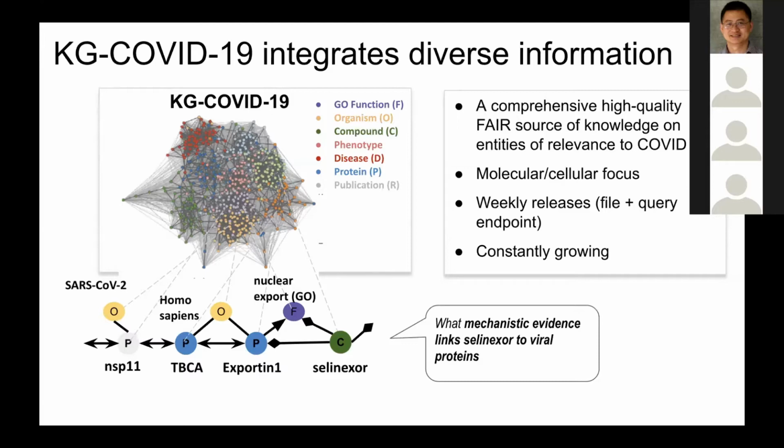And we can use additional annotations on those, such as GO molecular functions, to try and understand the functional relevance of these. So we can essentially use this knowledge graph to look for things like mechanistic evidence that link particular drugs to parts of the viral life cycle.